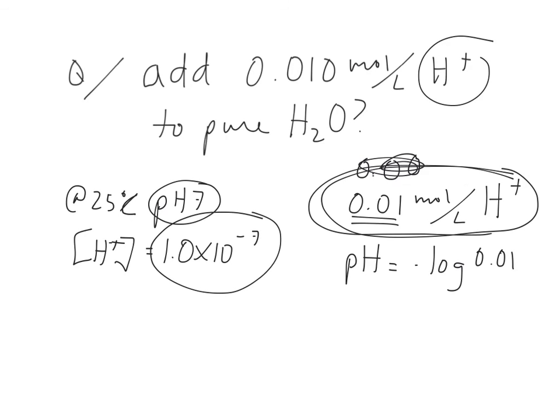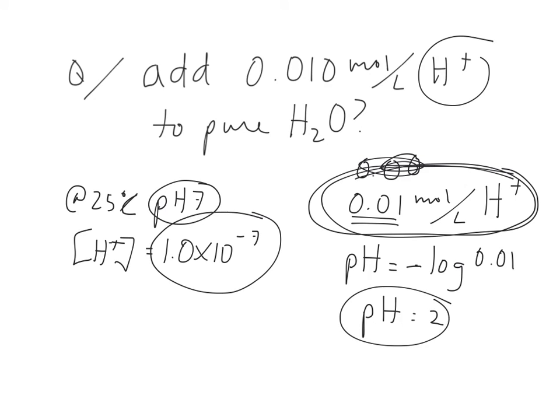So then this proton concentration really overwhelms the equilibrium system, and if I calculate the negative log of 0.01, I just plugged that into my calculator, shameful. The pH is actually 2.